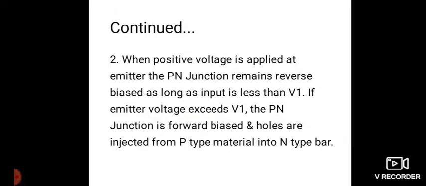Second, when a positive voltage is applied at the emitter, the PN junction remains reverse biased as long as the input is less than V1, that is the drop between base 1 and emitter. If the emitter voltage exceeds V1, the PN junction is forward biased and holes are injected from the P type material into the N type bar.